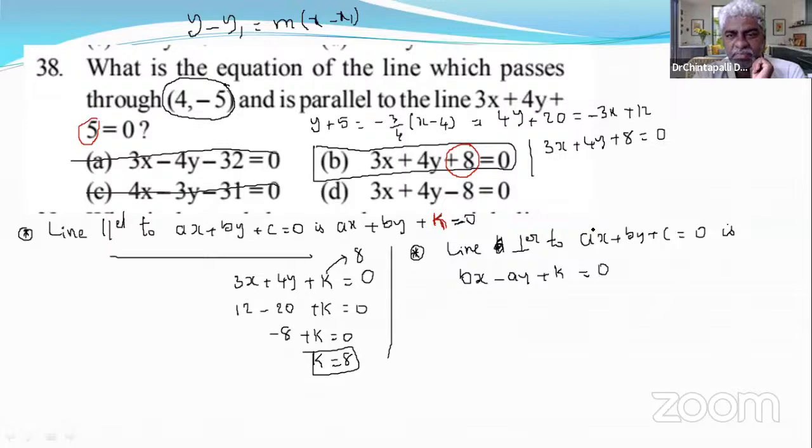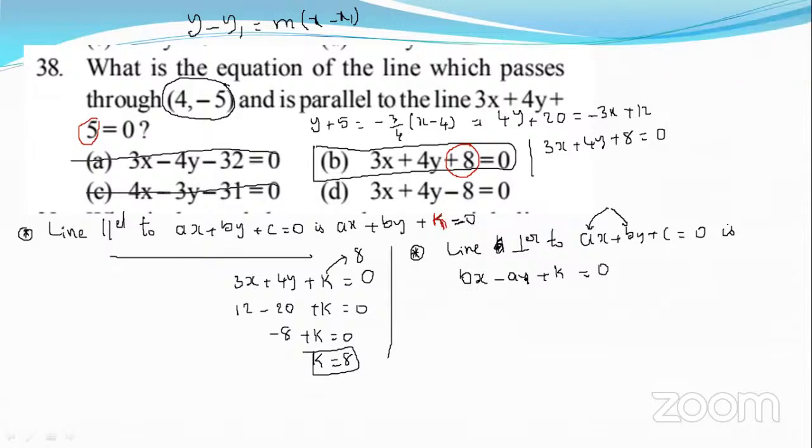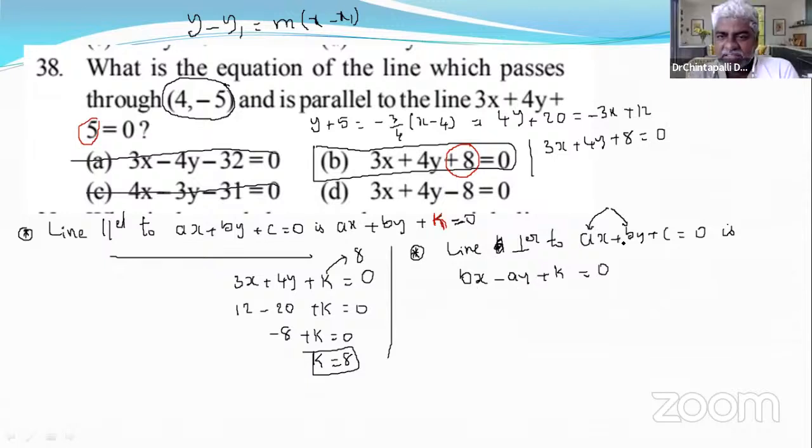What is changed here? The x and y coefficients are exchanged. We write the y coefficient in the place of the x coefficient, and the x coefficient in the place of the y coefficient, and the sign is opposite, plus minus.